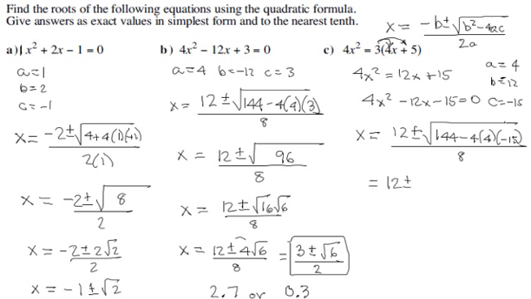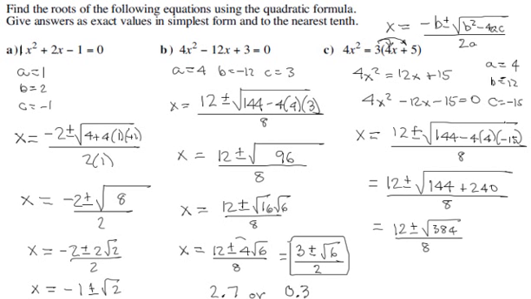So we have 12 plus or minus root 144. 4 times 4 is 16, times 15 is 240, so this is 144 plus 240 over 8. So 12 plus or minus root 384 divided by 8.